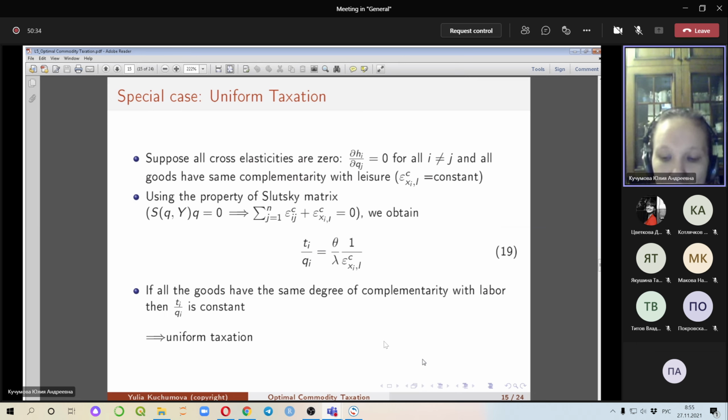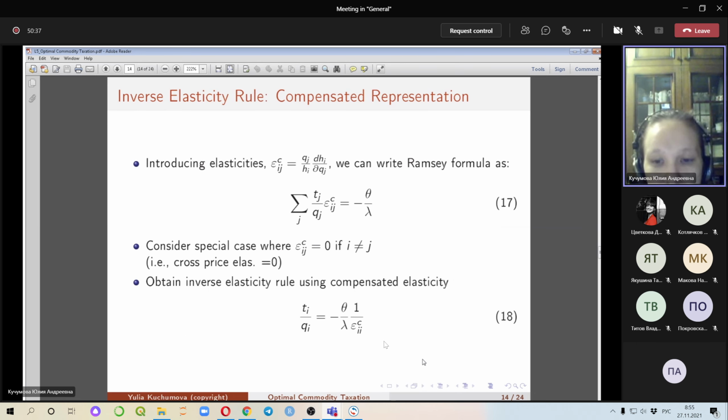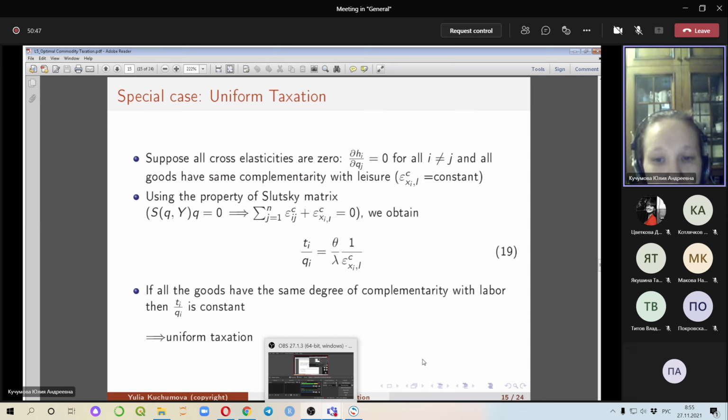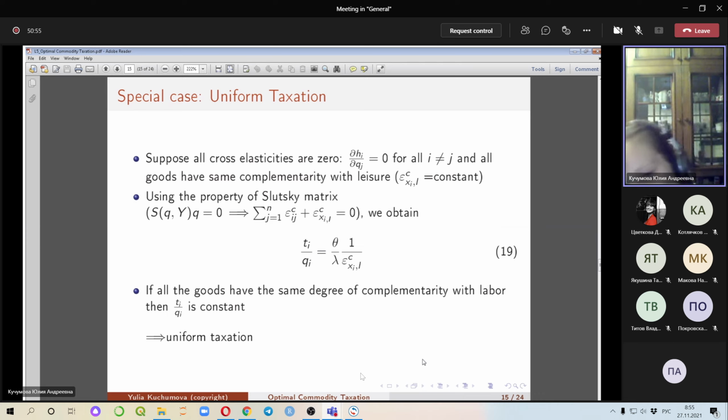And if we plug this into formula 19, then we obtain that TiQi is just inversely proportional to the compensated elasticity epsilon IL, that measures the relationship between good i and leisure. But we assume that it's the same for all goods, reflecting the fact that there is the same complementarity with leisure for all goods.